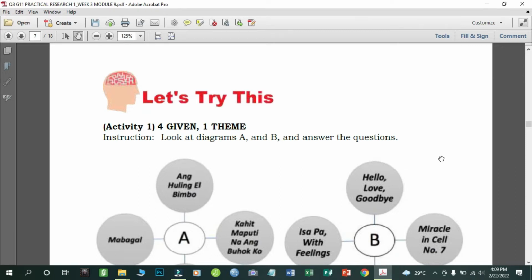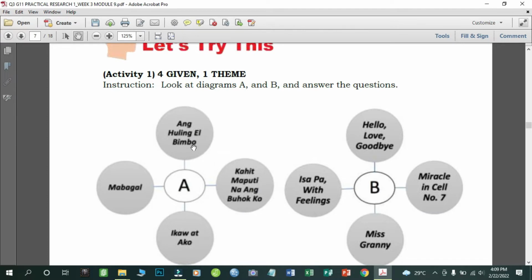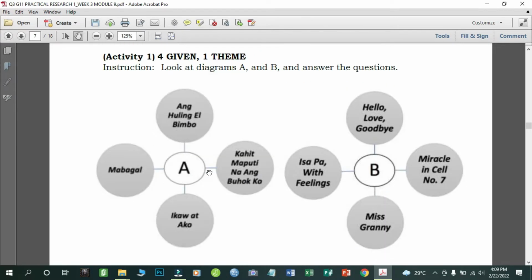Those are some of the characteristics. As you can see, these are samples of titles, and they follow a sort of characteristics. Let's study this lesson: writing a research title.